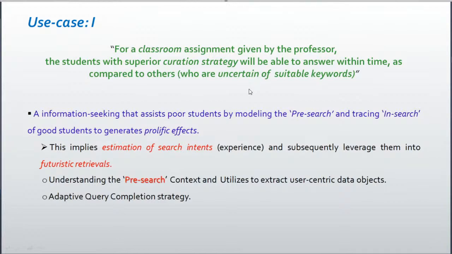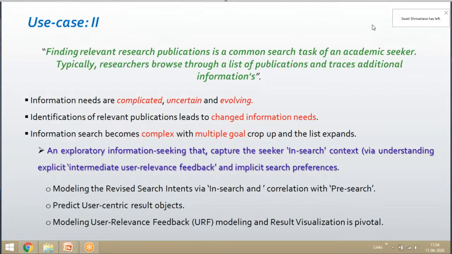Next, we are going to use case two. Basically, our objective here is to emphasize the role of modeling in search, right? Here we are typically taking a use case of searching for research publications. Let's take a research scholar who is looking for some kind of academic article.